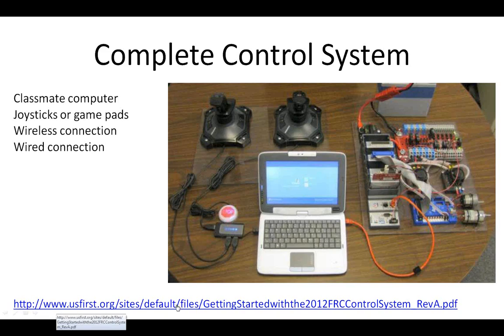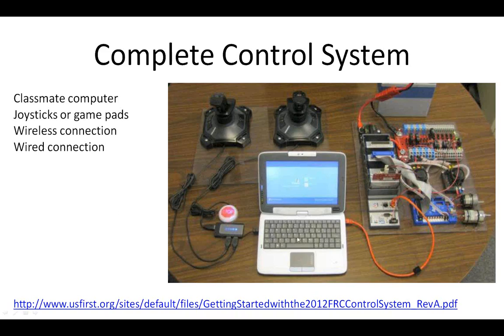There's the link for it. The link is also in the show notes on our website, and you can right now go up and look to see what last year's control system looked like. It may change a little bit this year, but the changes won't be major. Everything that you'll end up reading is completely applicable to this year, is my guess.